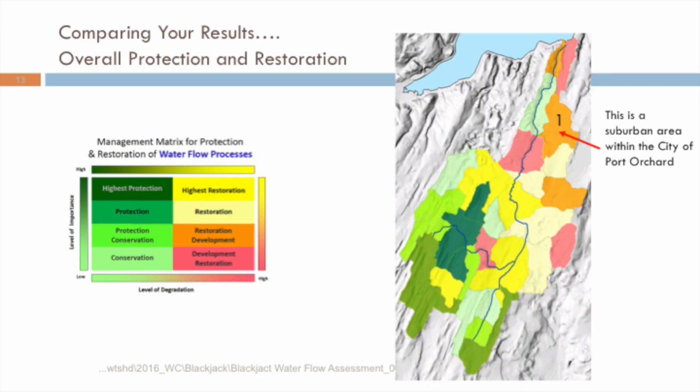So this area here, as you pointed out, is highly degraded. These areas are too, and there's a lot of residential development. This is within the city limits. So if I was saying, what am I going to do first in terms of overall measures? If I'm going to do retrofit, would I retrofit here, or would I take actions here?